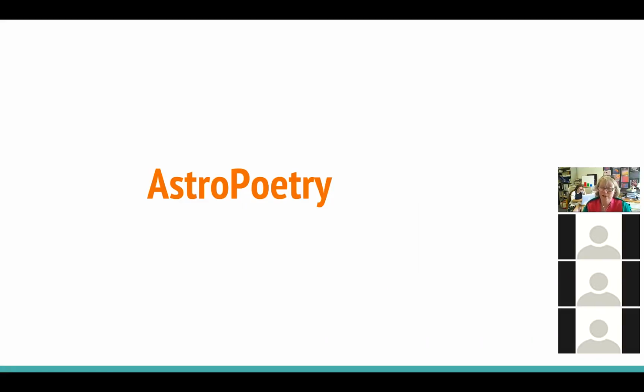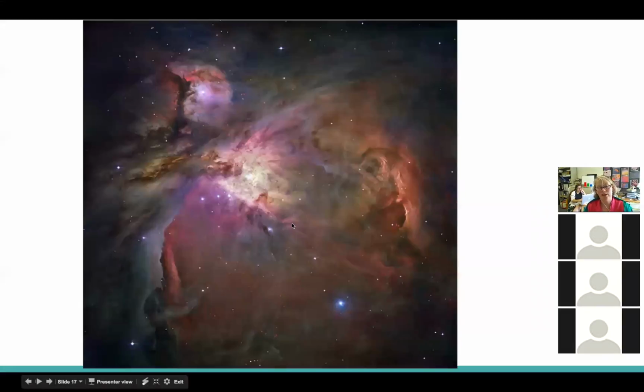If I were in a classroom, I would have 3 or 5 index cards or Post-its for each student. But we're going to use the annotate feature of the Zoom webinar for this. And what we're going to do is we're going to look at an image. Now, I've chosen an image that is not from MicroObservatory.